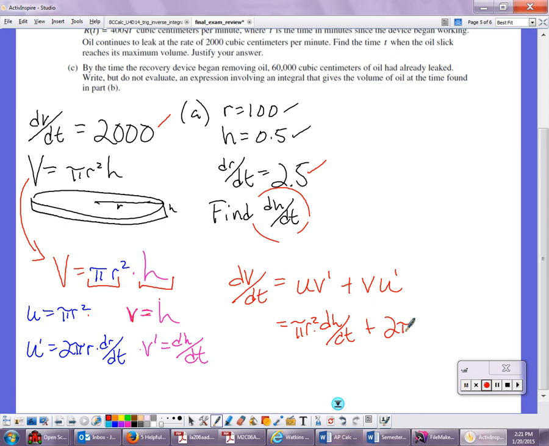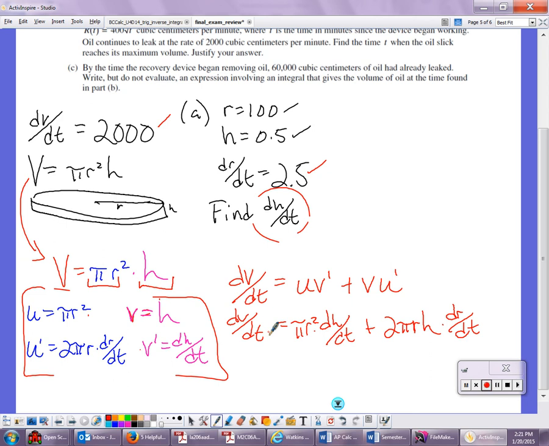I'm going to write it in this order just because this is how it started. Take the time to do this if that's not what you got, because that's where you're most likely to make mistakes.